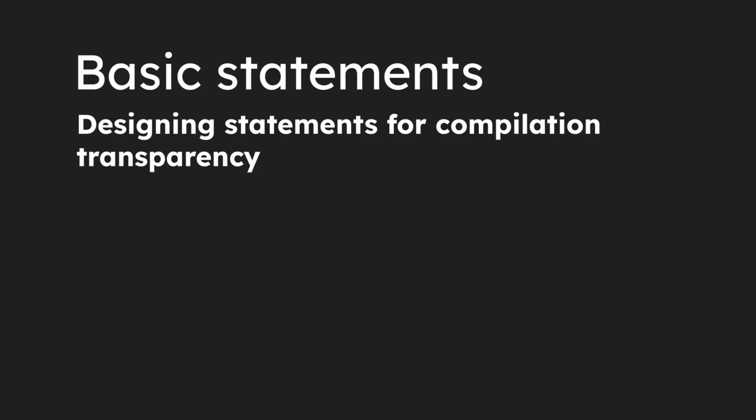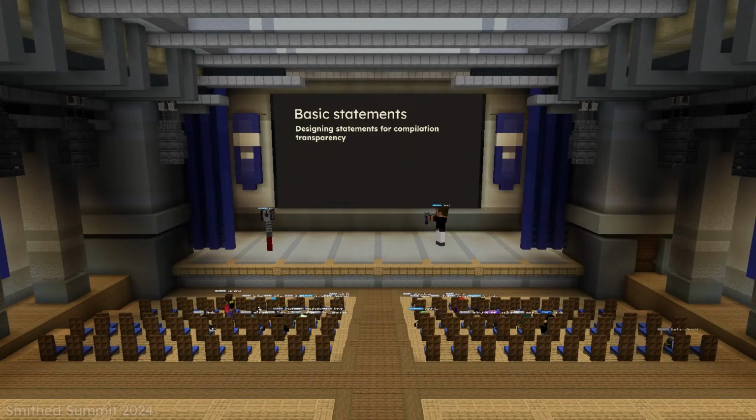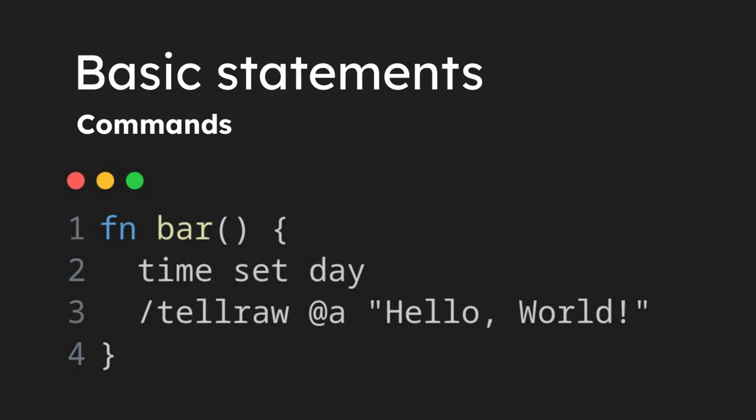So keeping this concept of compilation transparency in mind, how do we go about designing the statements in the code? This is really the bodies of the functions, right? The first statement type that we have in Zoglin is a command.